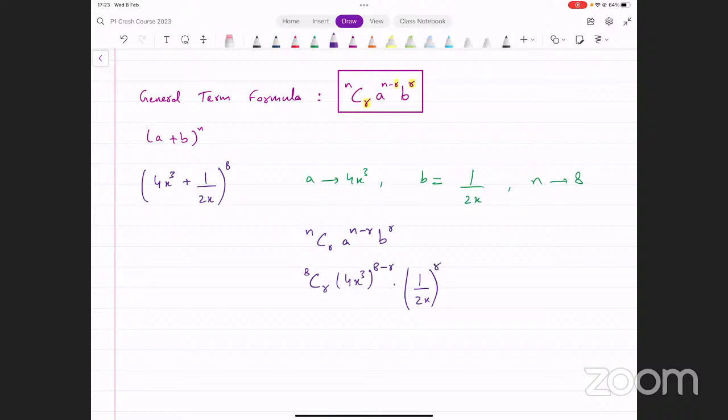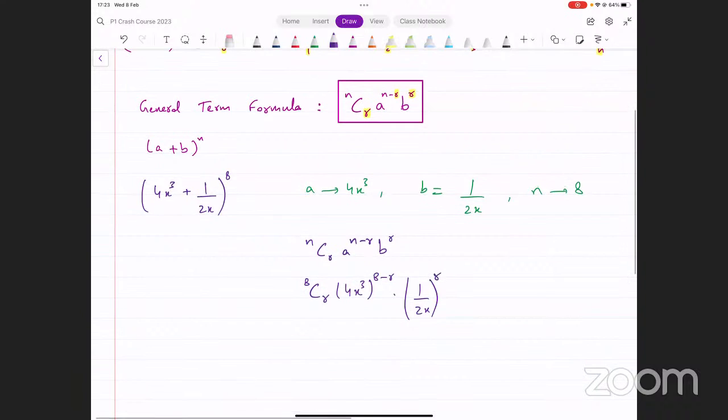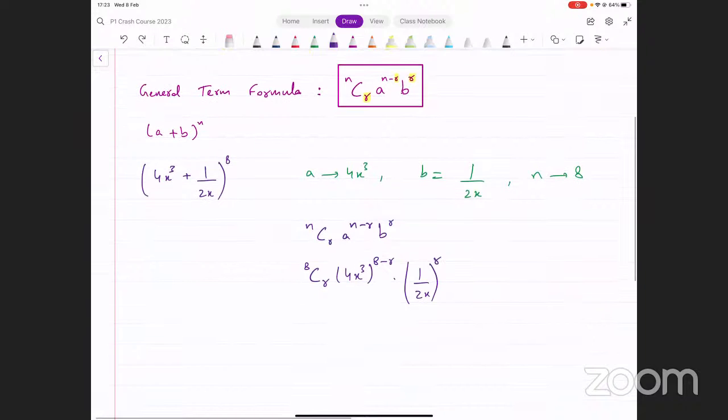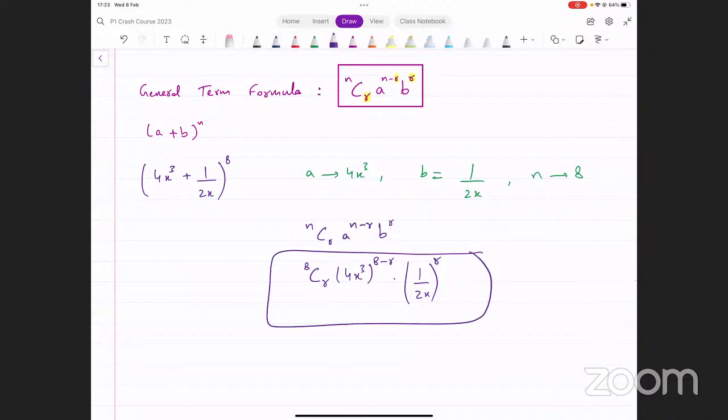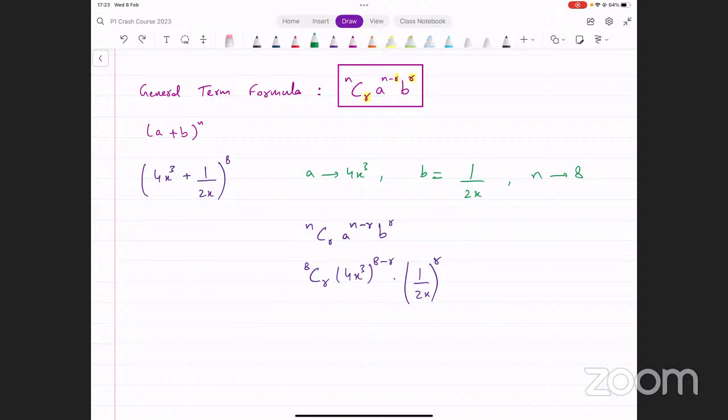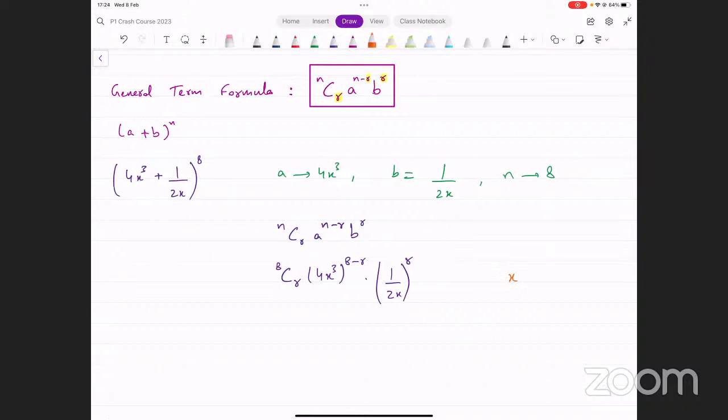This is what every term in the expansion of this thing is going to look like. Every term is going to follow this pattern. All we need to figure out is what the value of r is in the term that we are looking for. Now remember, which term are we looking for? We are looking for the term that has x power 0. That's the term that we are looking for.